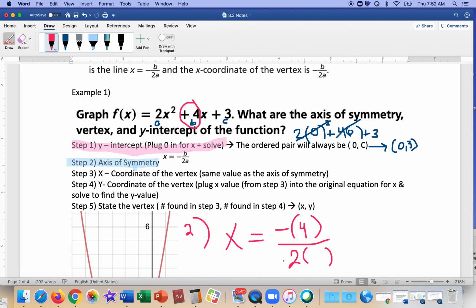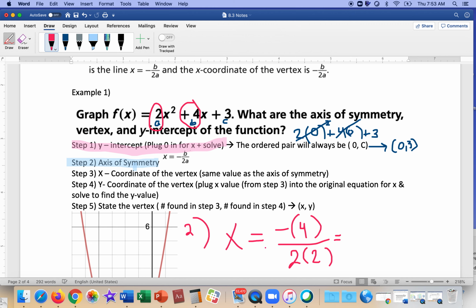And if it's over 2 times a, in the a slot we have 2. So we end up with, I like to throw the negative on top in front of the b parentheses. So we have negative 4 over 2 times 2 is 4. And when we simplify, we get negative 1.